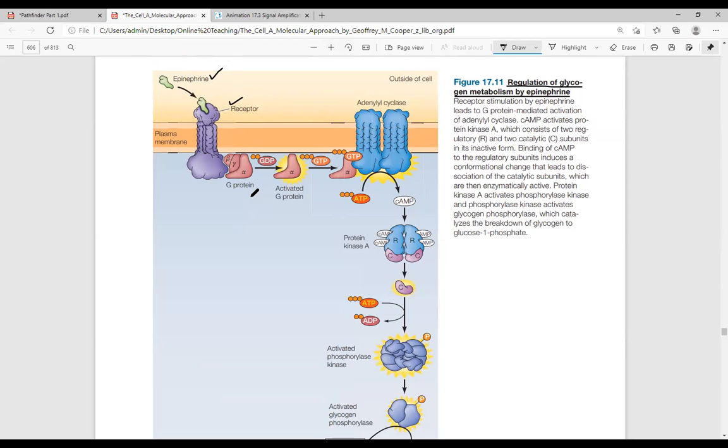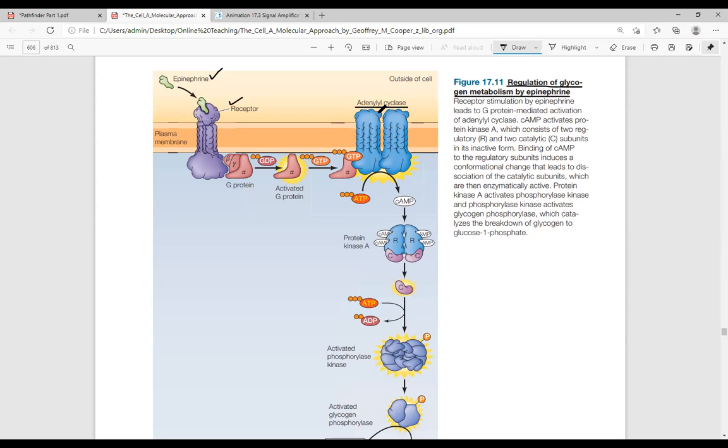Once it binds to the receptor, it will activate the G protein. The activated G protein binds GTP and induces a signaling pathway to the alpha subunit. Once the alpha subunit has been activated, it binds to adenylate cyclase, causing its activation.